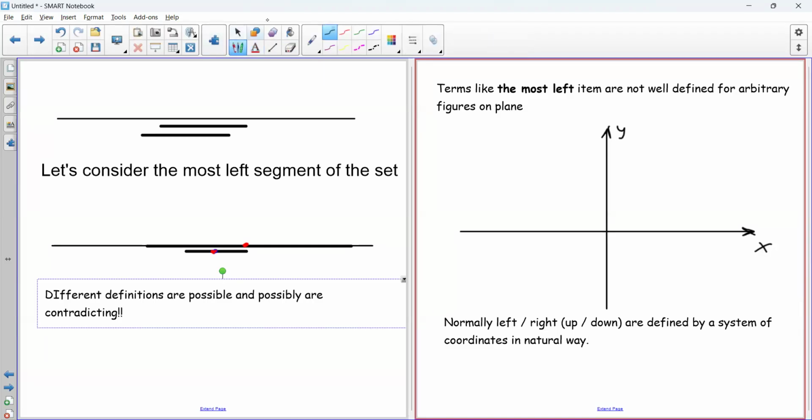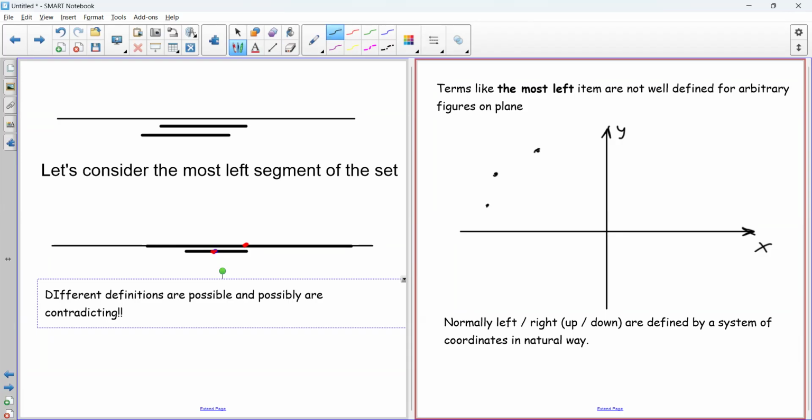We consider a point to be the most left if its x coordinate is less than all others, right?